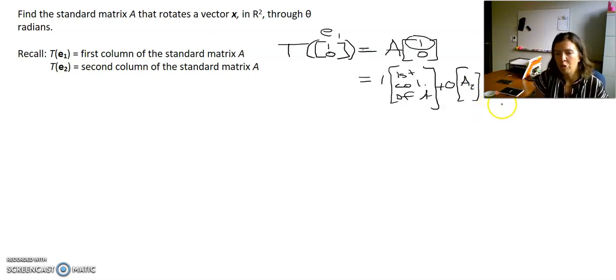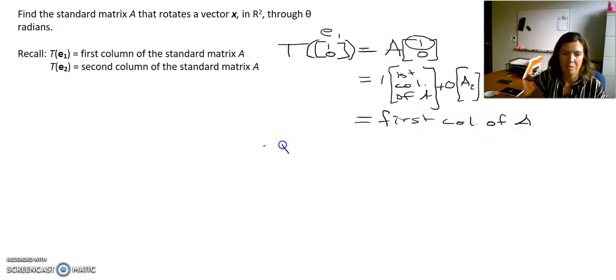If it was a larger matrix, you'd have 0 times the third column, 0 times the fourth column, and so on. So just by virtue of the way a matrix vector product is computed, you have 1 times the first column, 0 times every other column. That's why T of E1 generates the first column of A.